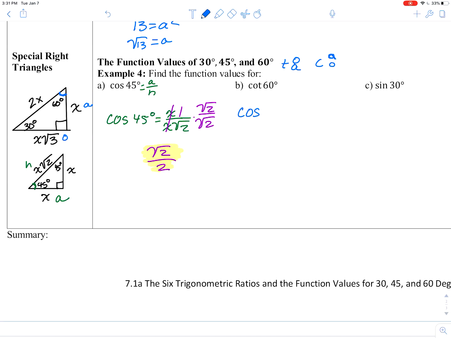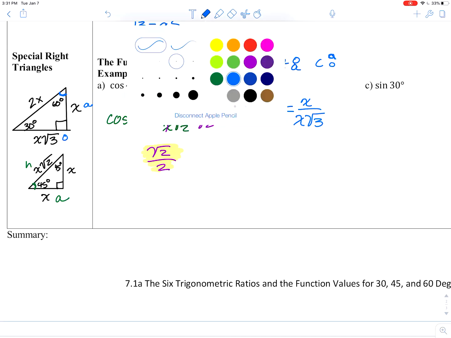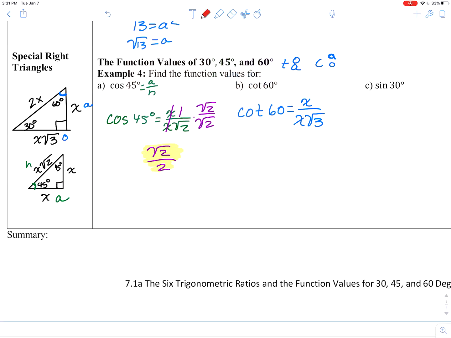The cotangent of 60 is adjacent over opposite, so it's going to be x over x times the square root of 3. Pretty similar to the one we just did. We'll cancel our x's. X divided by x is 1. Multiply times the square root of 3 over the square root of 3, and simplify. So the cotangent of 60 degrees is equal to the square root of 3 over the square root of 9, which is 3.